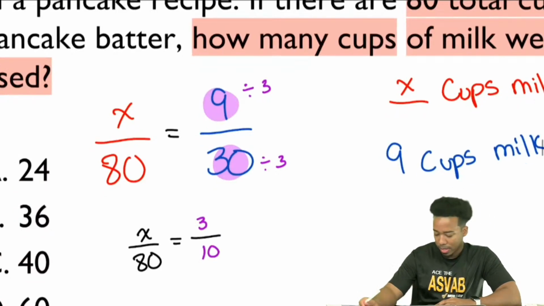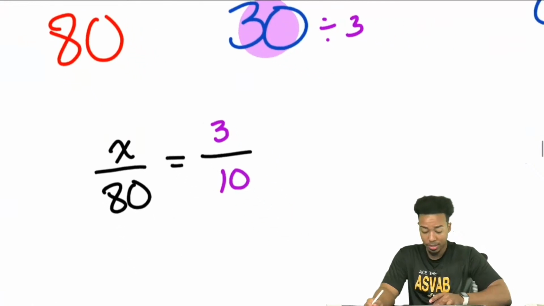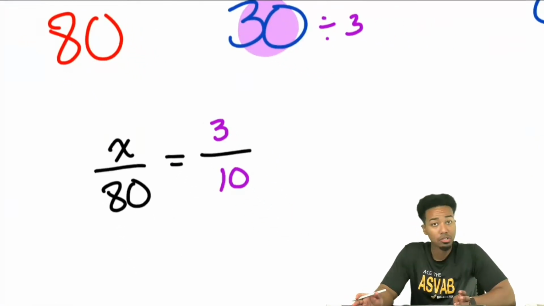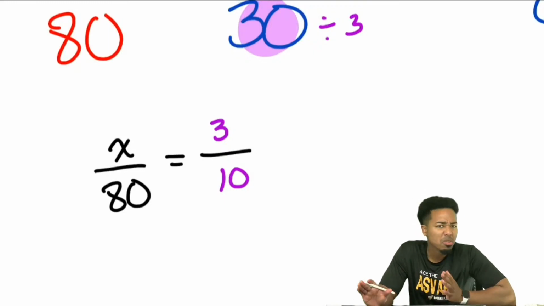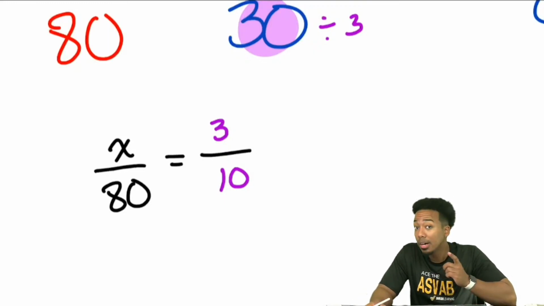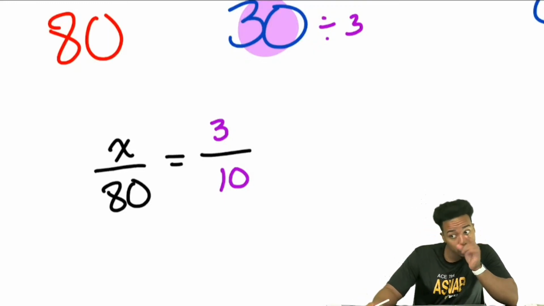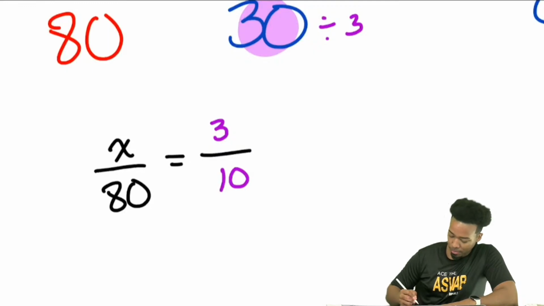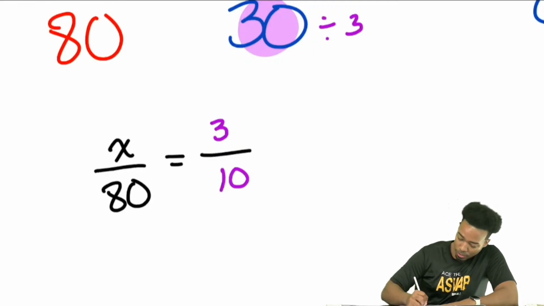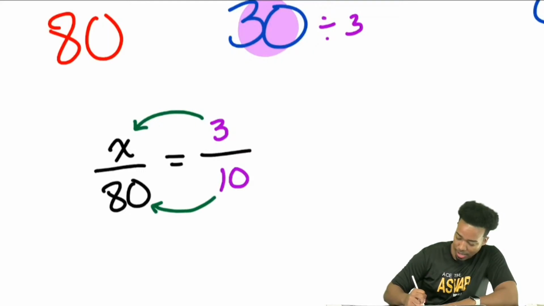Perfect. At this point, if I want to cross multiply and divide, it'll be nice and a little easier now. But if I look at this for one second longer, I might notice that I've set this up perfectly for myself, because to go from 3 to X is the same as going from 10 to 80.